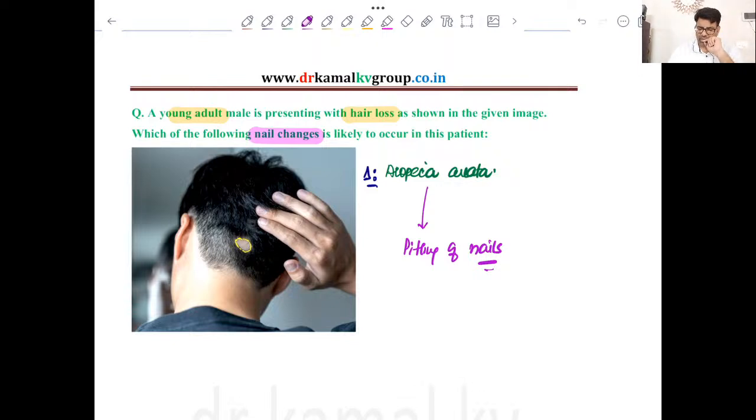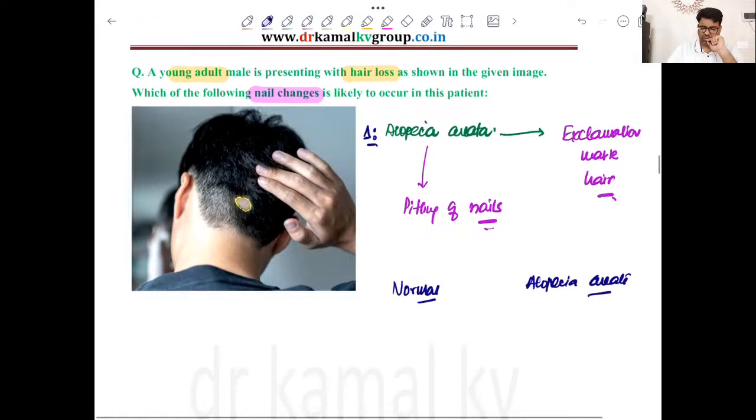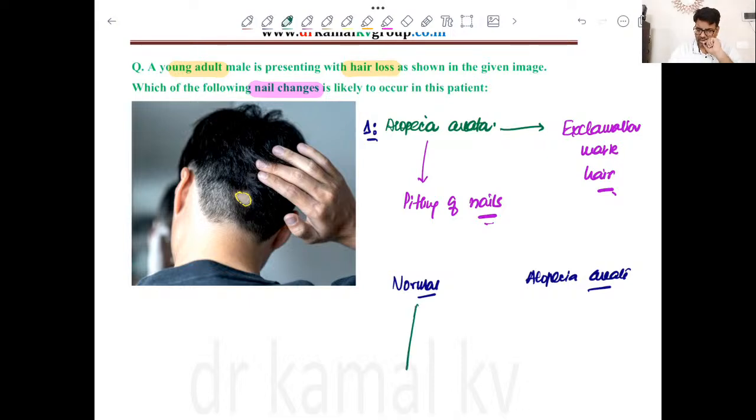And yes, in alopecia areata, what kind of stump do you see? There is an exclamation mark here. If you see normal hair, it is broad and tapering, right?